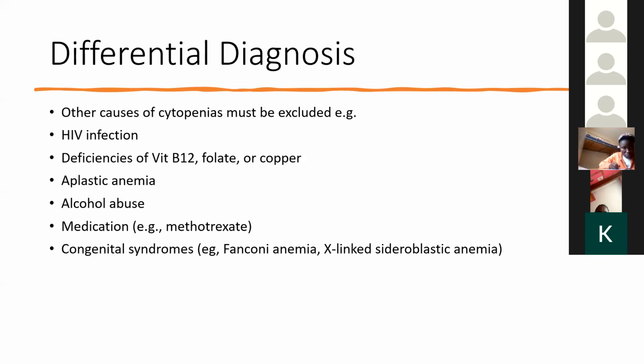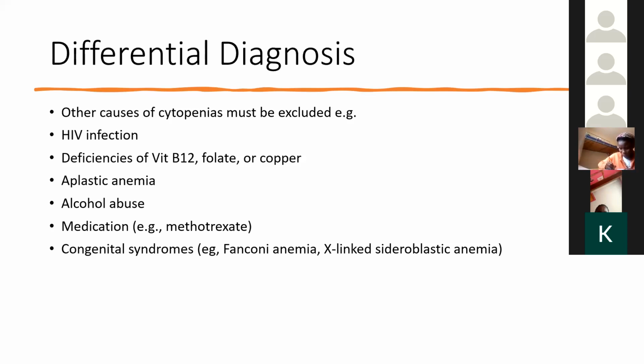Alcohol abuse. Again, alcoholism can give you macrocytic anemia. Medications such as your anti-cancer drugs or some other medications as well can give you macrocytes. Therefore, a careful history to exclude any drugs that may give you macrocytosis. And then there are the congenital syndromes, Fanconi anemia, which is the hereditary aplastic anemia, X-linked sideroblastic anemia.